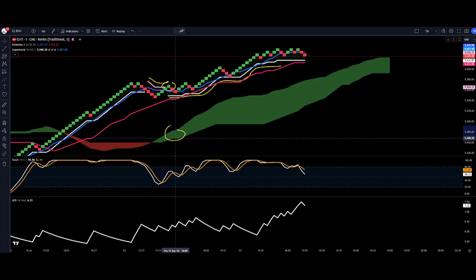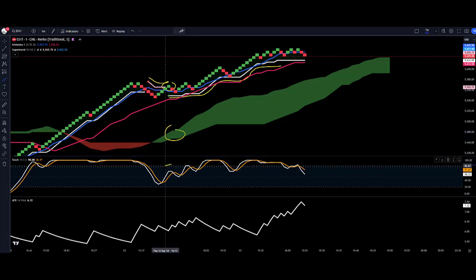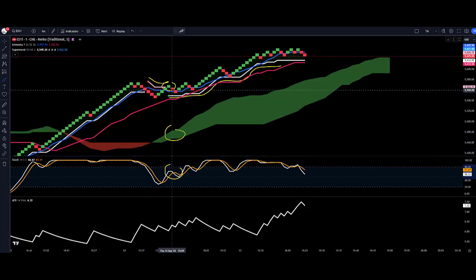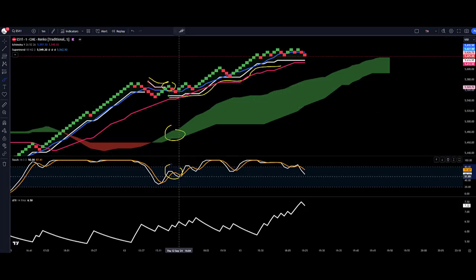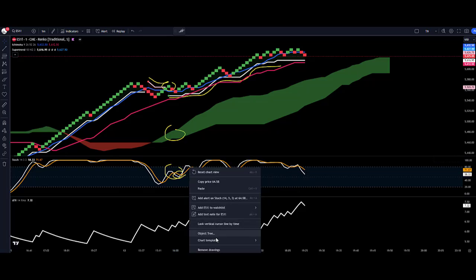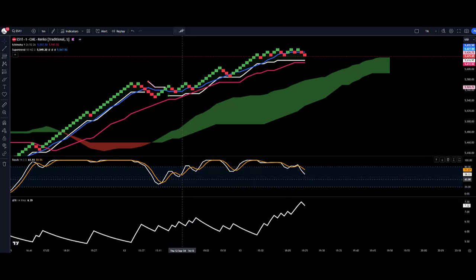But the final piece of the jigsaw is this stochastic indicator below. And at that time, when all this is happening, we've got the close going on. We haven't got the final piece, like I said, which is the crossing of the stochastic indicator. And there, actually a bit later, let me just remove those drawings. You can see it happening.